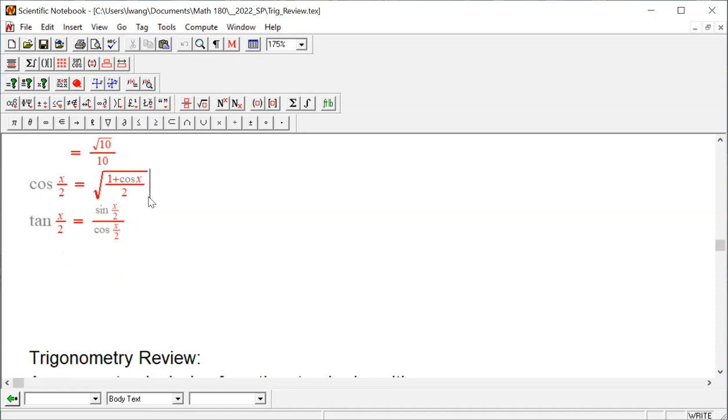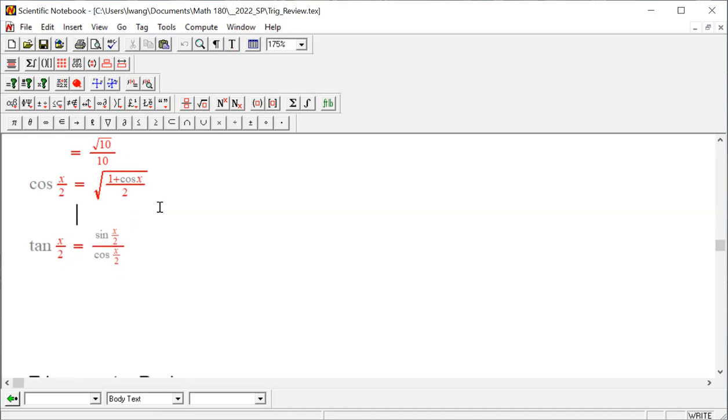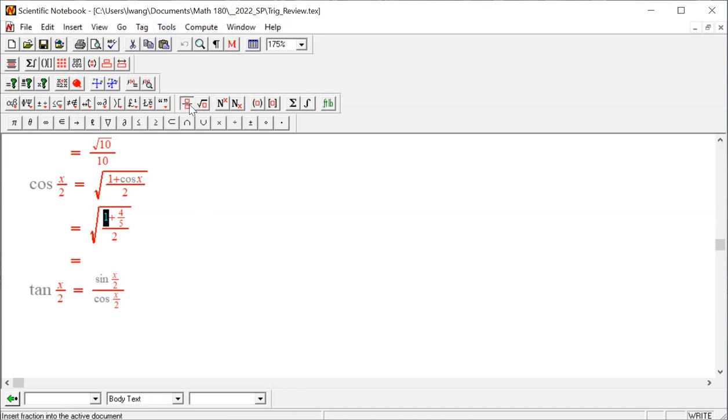And for cosine half x, we already decided on the sign, which is positive. That's going to equal the square root of, and we replace cosine x by 4/5. We still need to find the common denominator, and this time we get 5/5 as well.